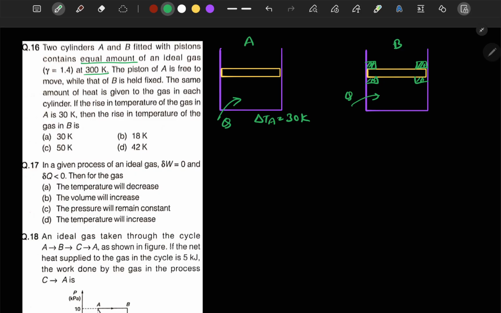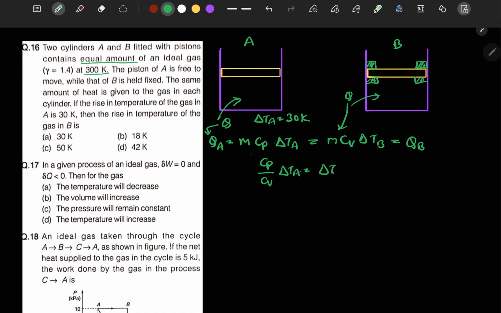Now we can see that Q at A is equal to m Cp delta T of A, and this same amount is provided to B, QB, which will be equal to m Cv delta T of B. So we can cancel the m values, and we get Cp by Cv times delta T A is equal to delta T B, which will be equal to 42 Kelvin. This is the answer.